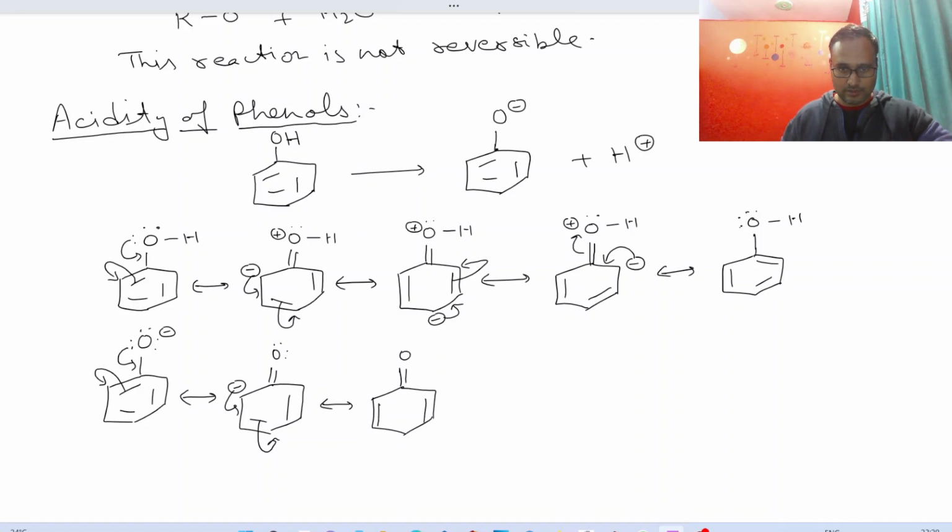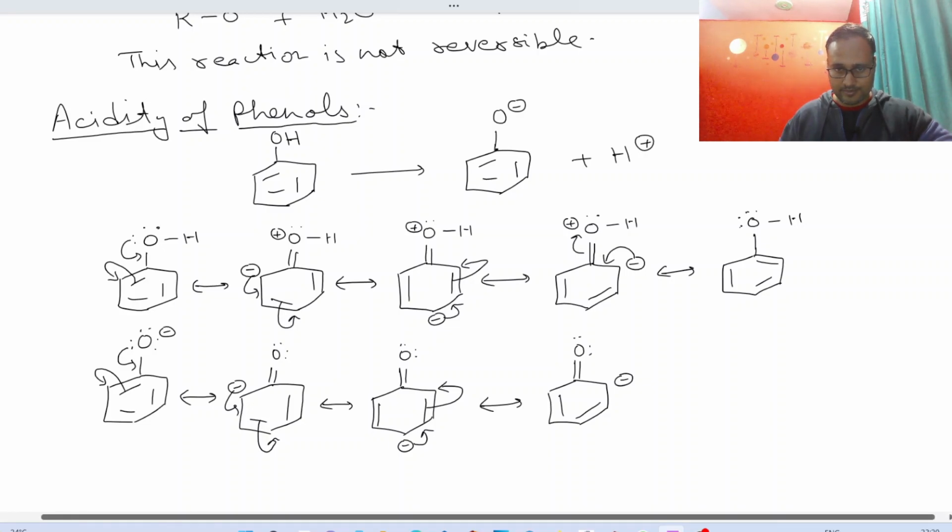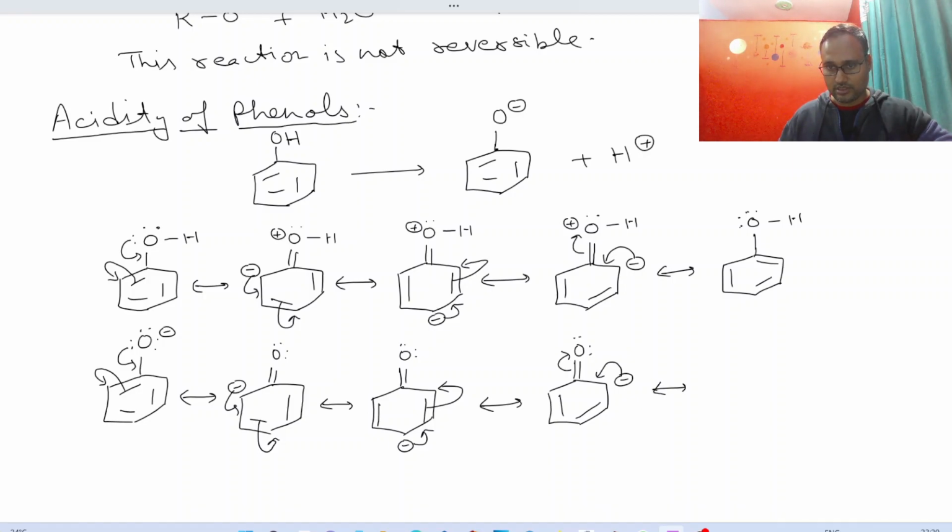Oxygen double bond over here, negative charge at the para, this gets inside, and the electrons of the double bond come at the ortho position. This bond gets formed, negative charge over here, oxygen with two lone pairs, this electron gets inside and they come back to the oxygen.